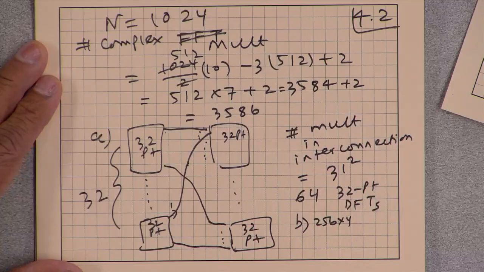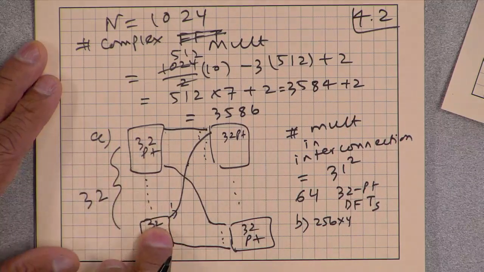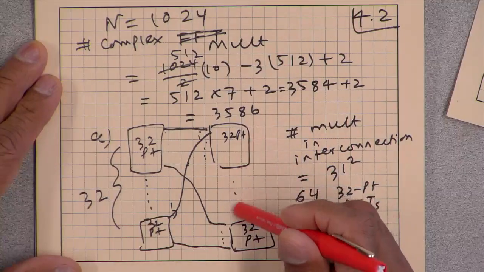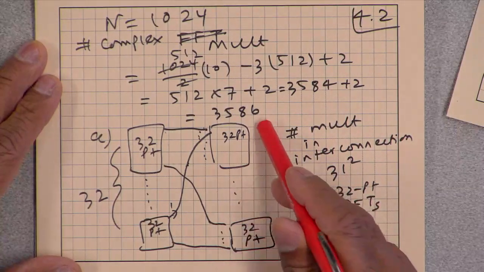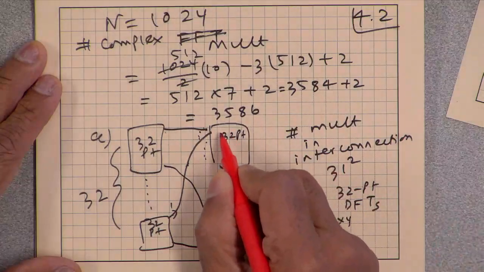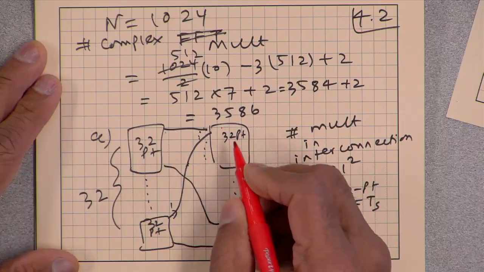And part C is saying, well, the main difference between part A and part C is the first part stays the same, which are 32 points. The only difference is these 32 points are decomposed further using 8 point and 4 point.